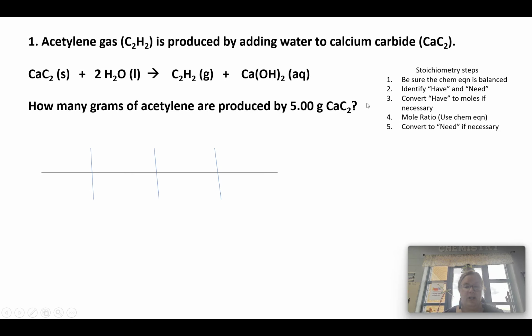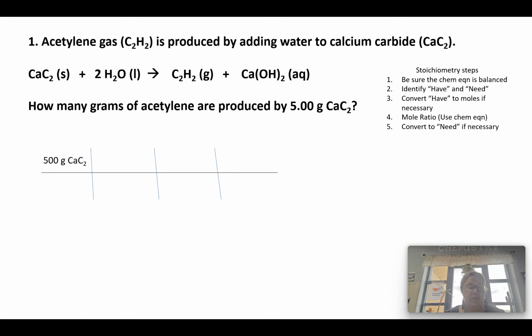What I have here is 5.00 grams of calcium carbide, the information that's given to me. What I'm looking for is grams of acetylene. If you don't know what acetylene is, you go up to your equation and find everything else you know how to name, but acetylene looks like this, C2H2, because that looks like something you may not be familiar with. So when we come down here to our ladder, we always start with our have.